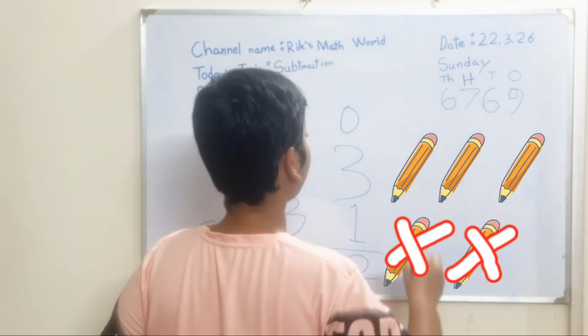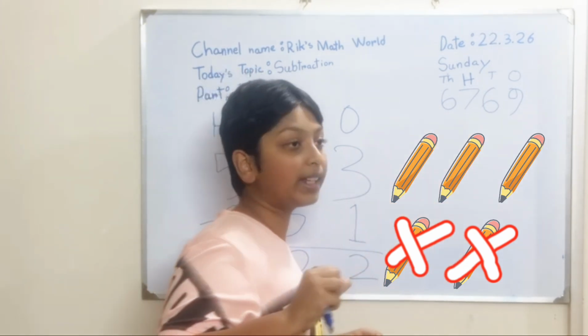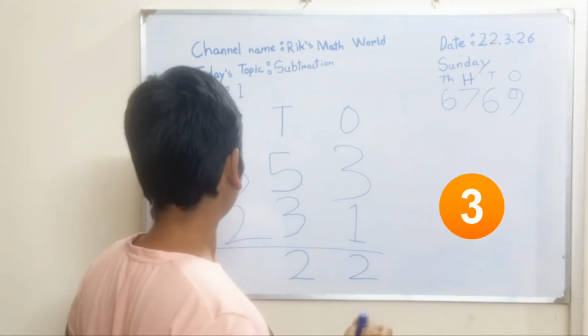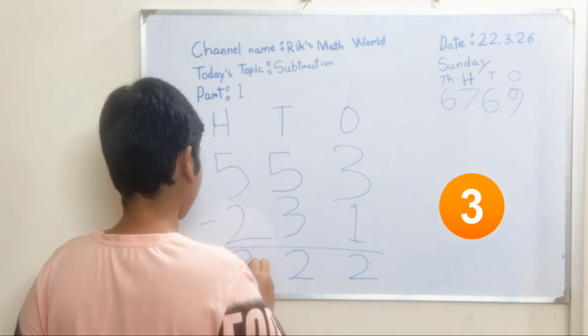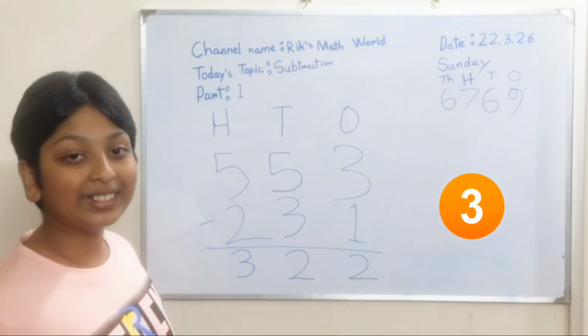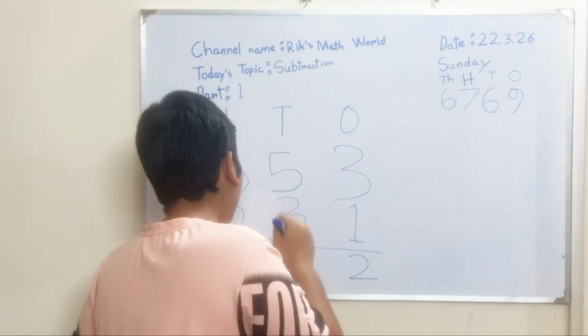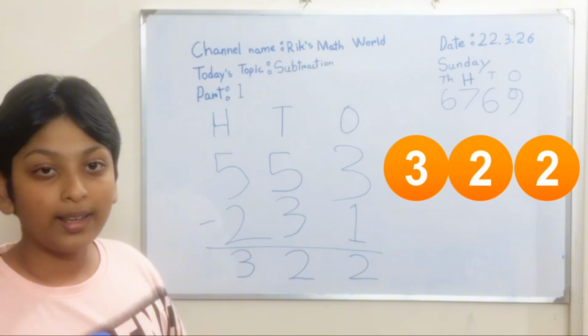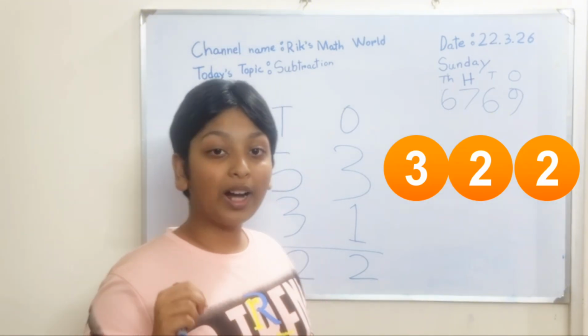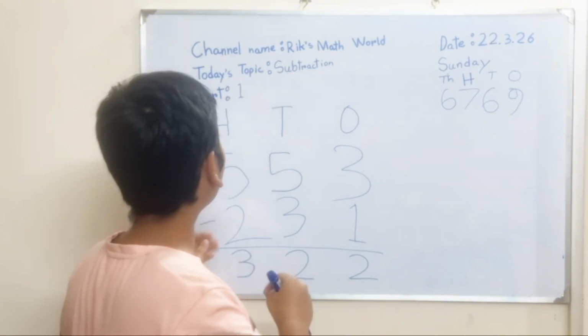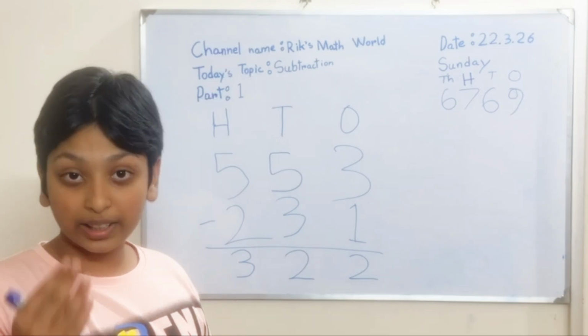Now, if we count them, we got the answer 3. So now we'll write here. So the answer for this math problem is 322.